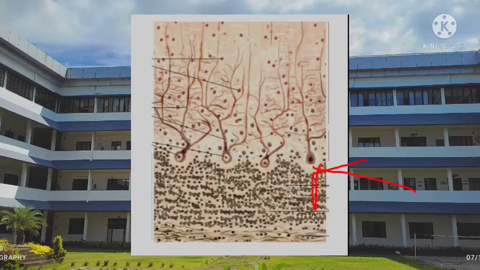Here they divide and subdivide to form an elaborate dendritic tree. The axons of each Purkinje cell pass downwards through the granular layer to enter the white matter.